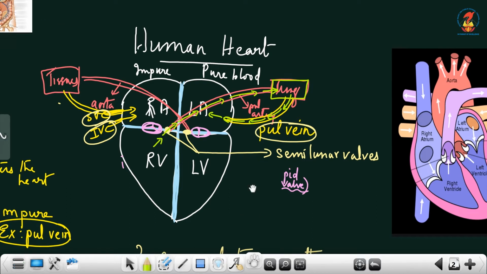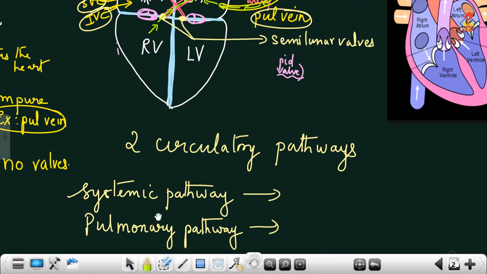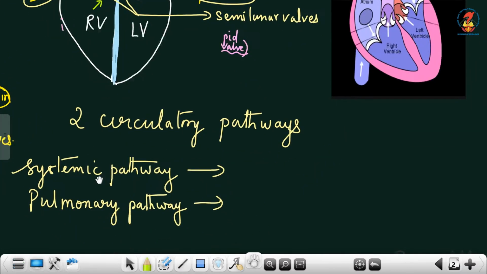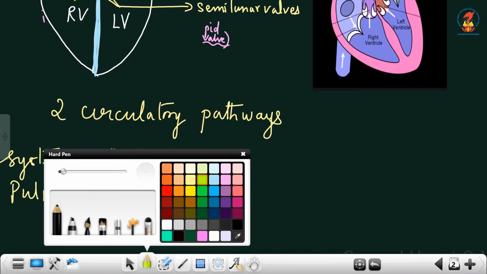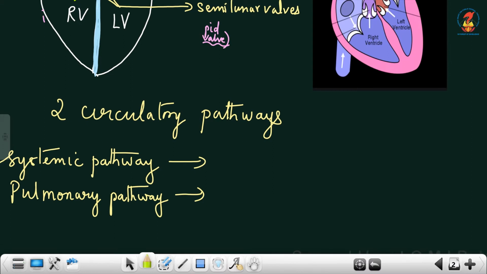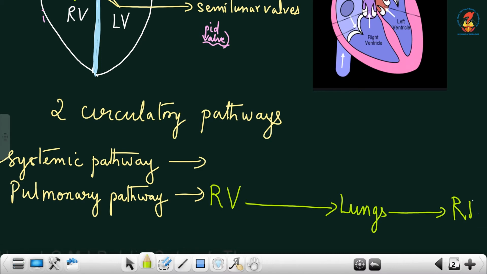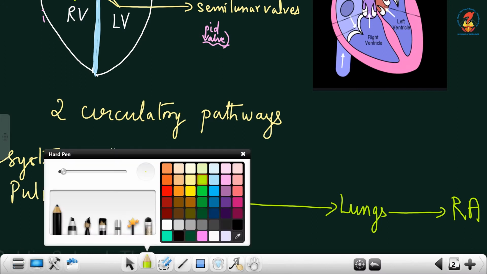So I am going to depict this in the form of a flow chart. The pulmonary pathway. See, it started with the right ventricle. Via the pulmonary artery, it went to the lungs for purification. After that, it entered the left atrium via the pulmonary vein.